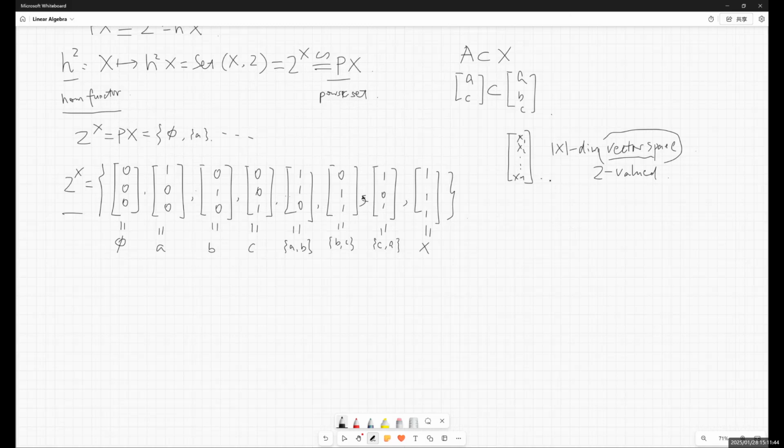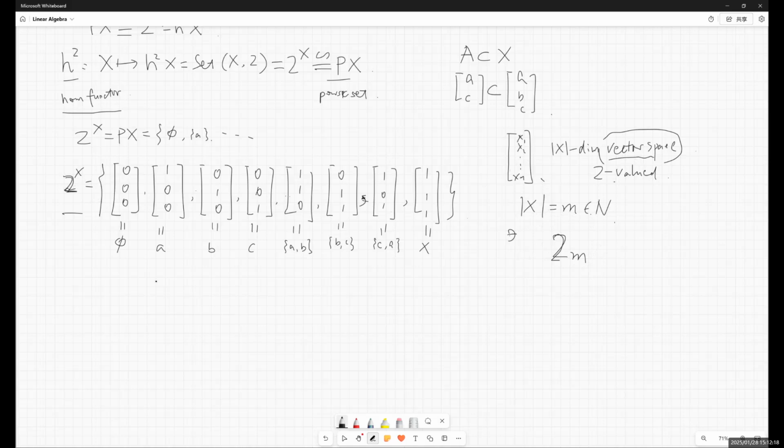So for this vector space, let the cardinality of the set be M. M is a cardinality. So the binary valued vector space is denoted as Q^M. So this vector space is isomorphic to the function space.